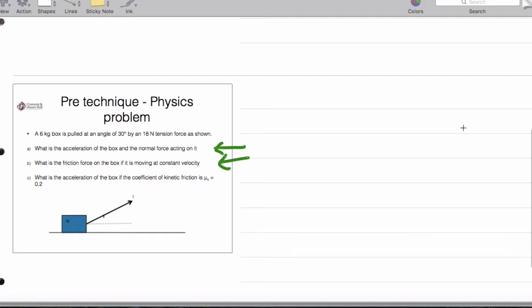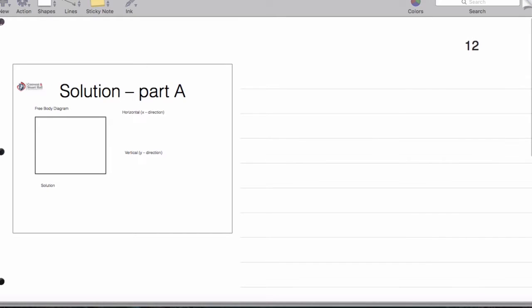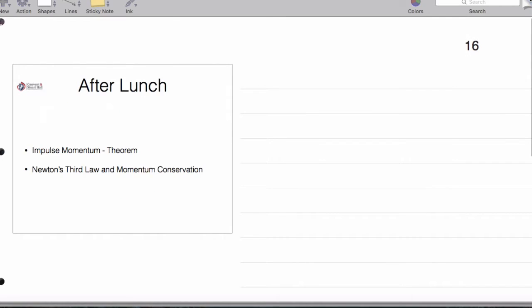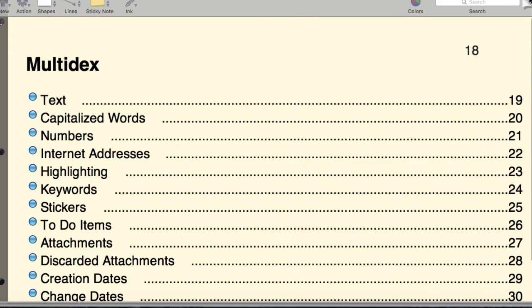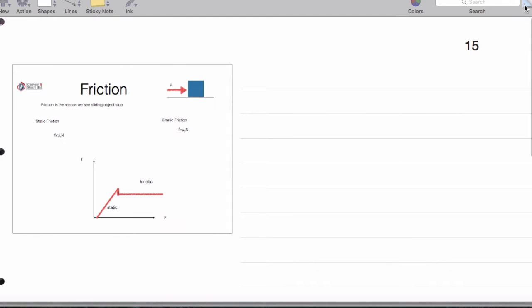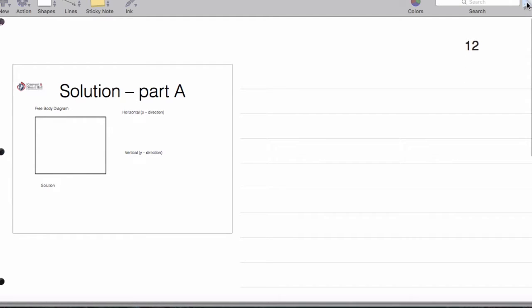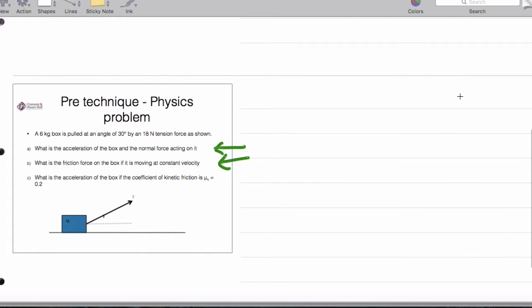I'm not going to run through this one again because there's an example on your practice test, but we came up with a technique for solving force problems. I didn't list out the technique, but we did have a 3-step process, and I want to write it down right here by the problem.